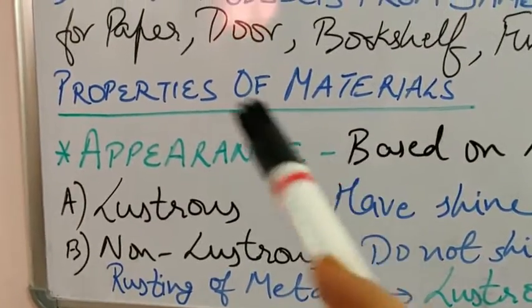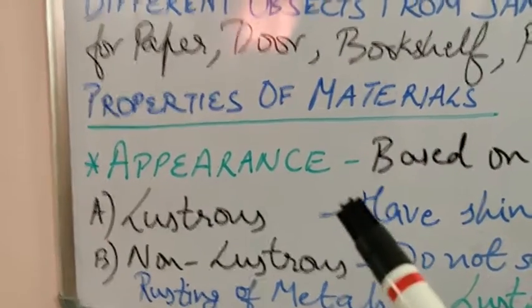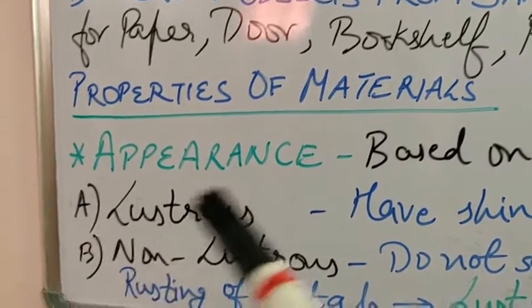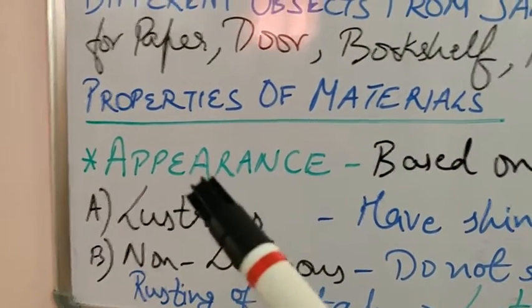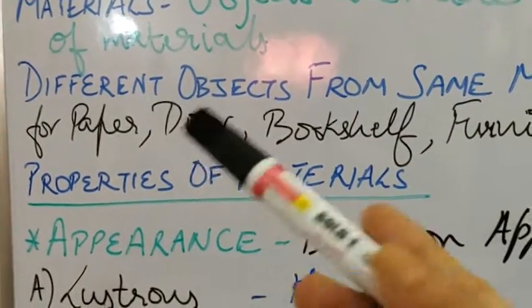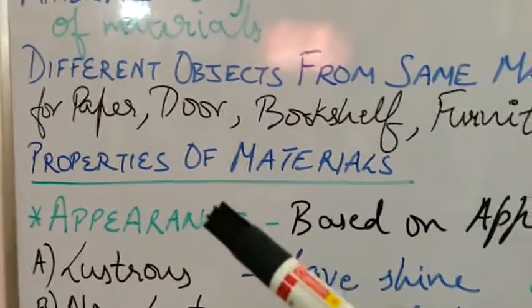That is because based on appearance, many a times we try to make our objects, or we try to use the material for making a particular object based on its appearance. How come? We will understand.